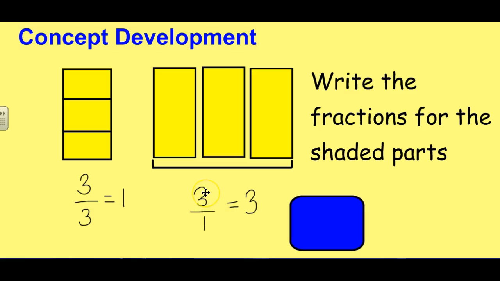If you ask yourself what is 3 divided by 1, it would be equal to 3. Same thing over here: if you ask yourself what is 3 divided by 3, it would be equal to 1. So always think of that fraction line as a division line. Now we're going to work on a few more of these so we can get ready for the problem set.